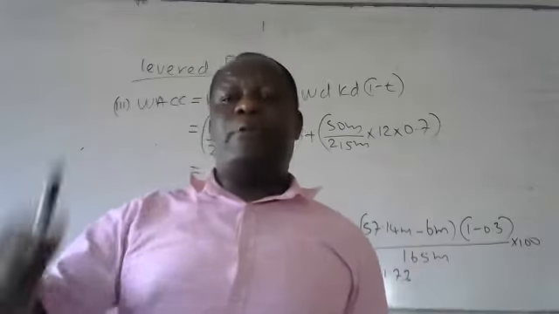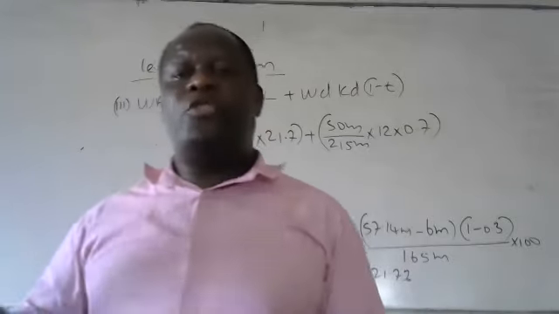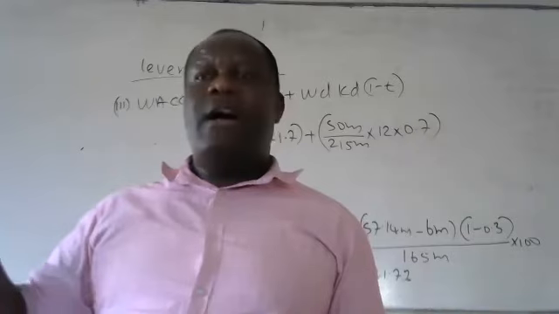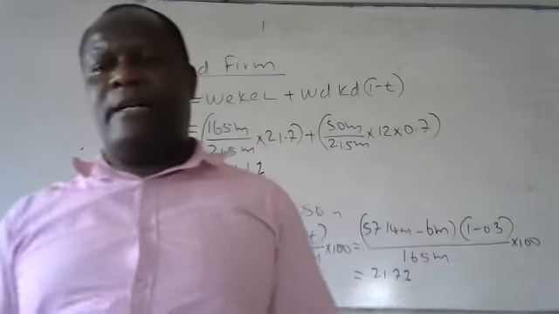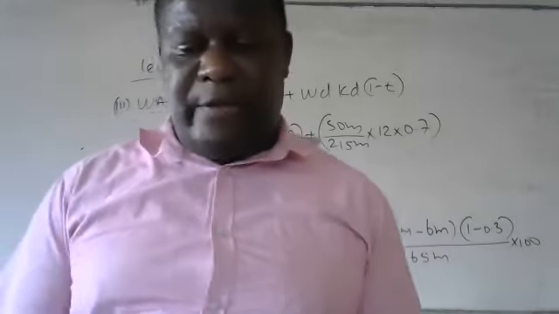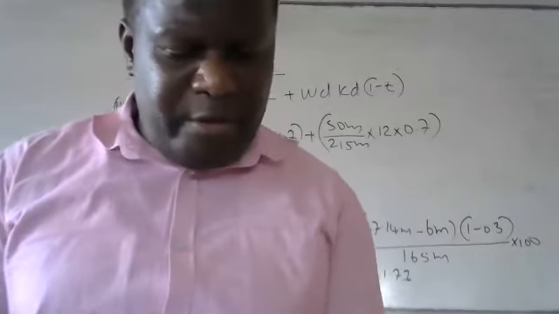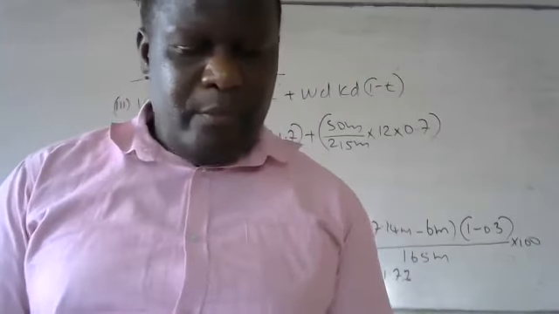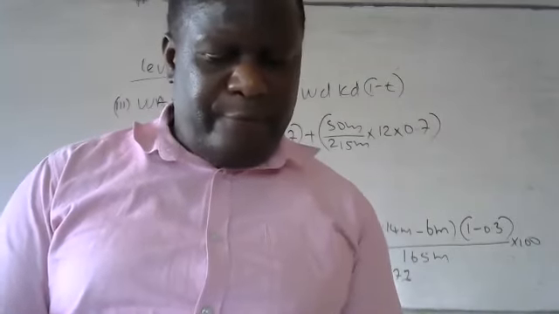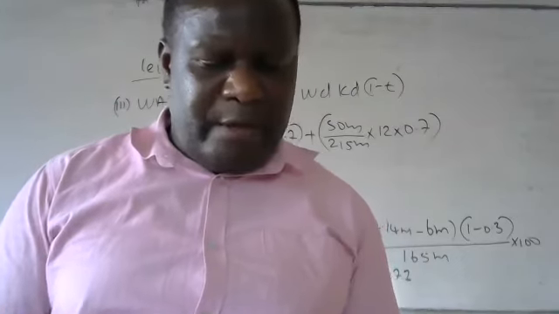They are only proposing to borrow. So you should use the same earnings before interest and tax and add the present value of the interest tax benefit.